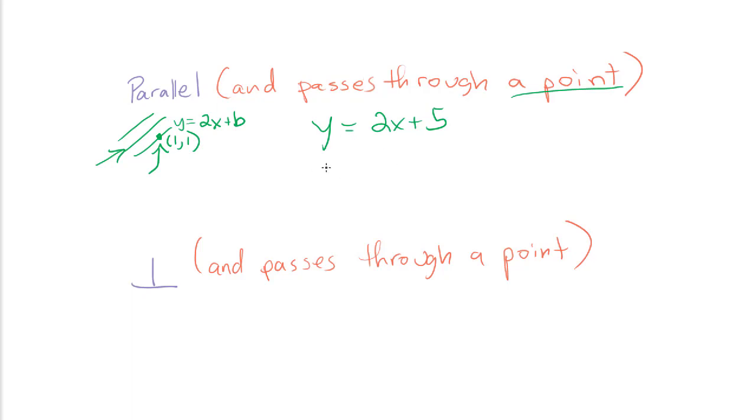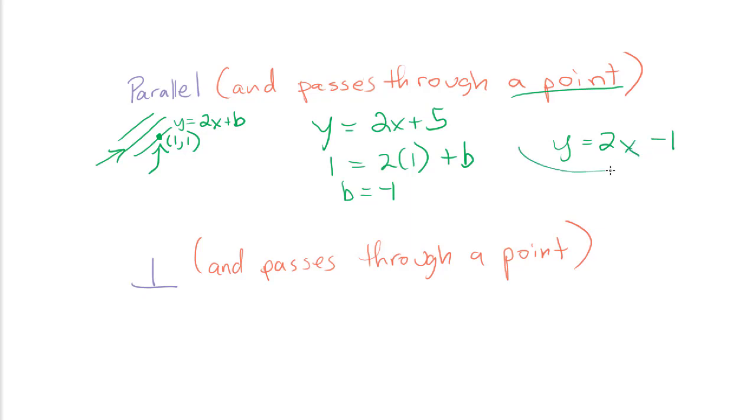I'll plug in 1 for y and 1 for x. 1 equals 2 times 1 plus b. Now I can solve for b. Subtract 2 from both sides. b equals negative 1. The parallel line that passes through 1, 1 is y equals 2x minus 1.